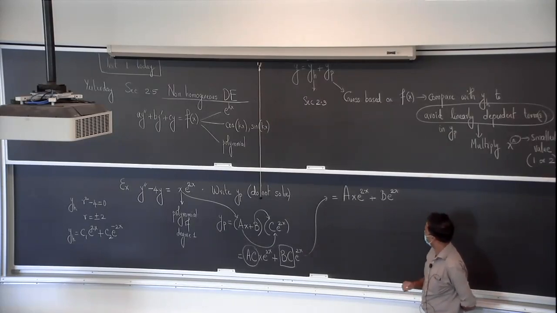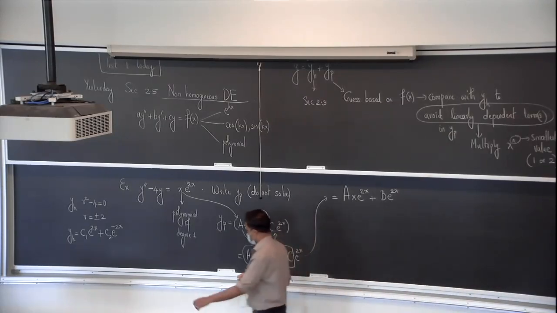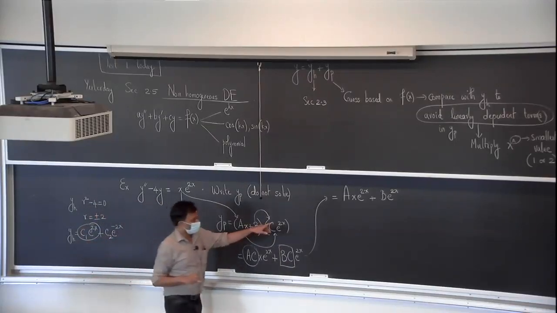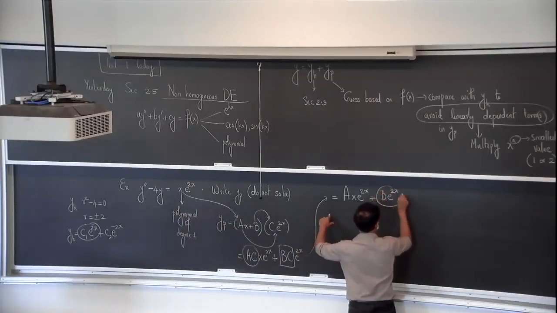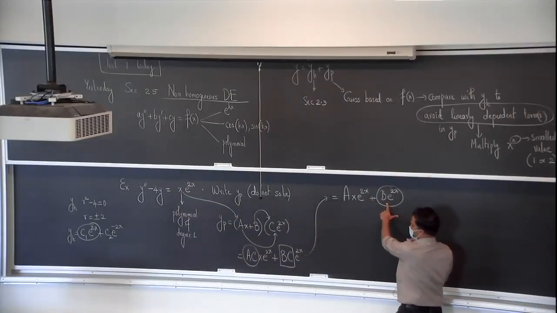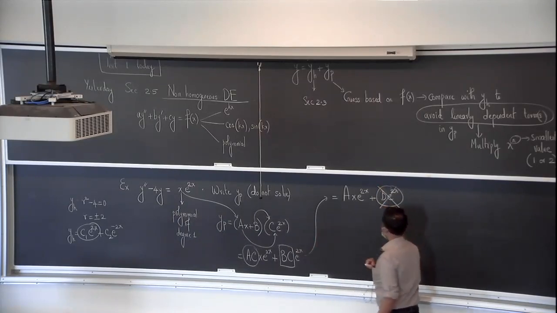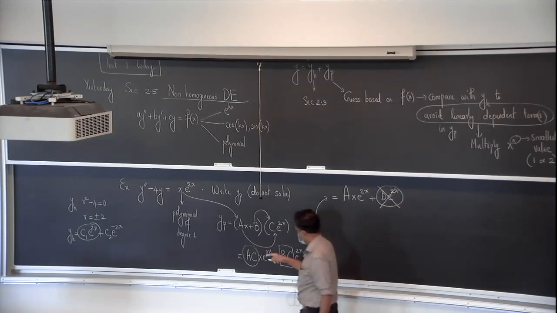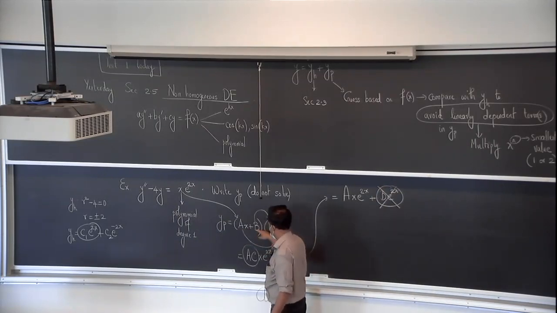Now, as she mentioned, you can see that this term here is linearly dependent with this term here. So this cannot happen. The fix is to multiply by x, but again, don't forget what I mentioned yesterday: if there's a polynomial, you have to multiply the entire thing.